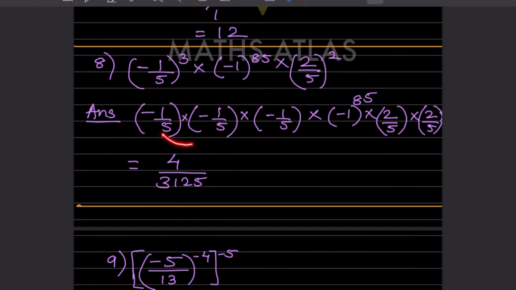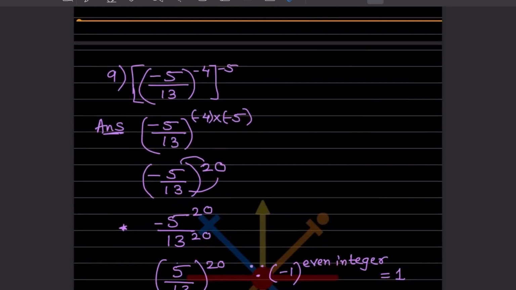And now you will see the numerator you have is 4, only 4 here. Now you have to multiply, right? So here you are going to look at the denominator. So when you multiply 5 into 5 into 5 into 5 into 5, 5 times, that is going to be 3125. So this is the final answer.